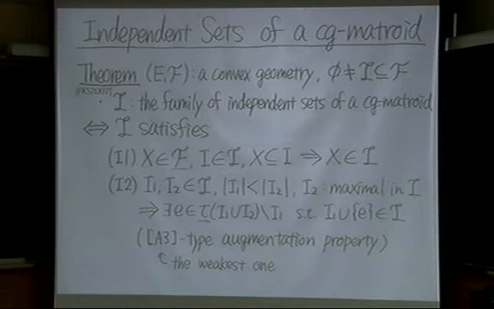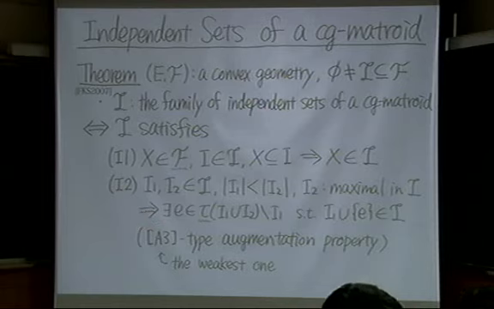That is, if we take two independent sets, and the cardinality of I1 is smaller than I2, and I2 is a maximal independent set, then there exists some element e, we have to take some closure here, and this is also an independent set.